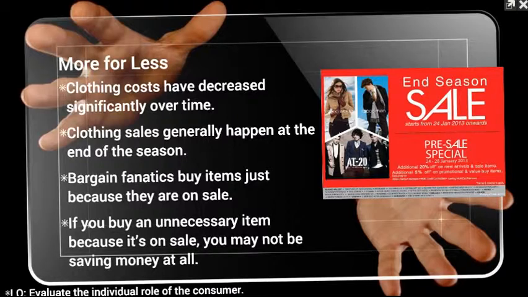But if you tend to stick with more classic styles that change little from year to year, you can get good deals on clothes that'll still be pretty much in style the next year by buying, like I said, more classic styles. Bargain fanatics buy items just because they are on sale. If you buy an unnecessary item because it's on sale, you may not be saving money at all.